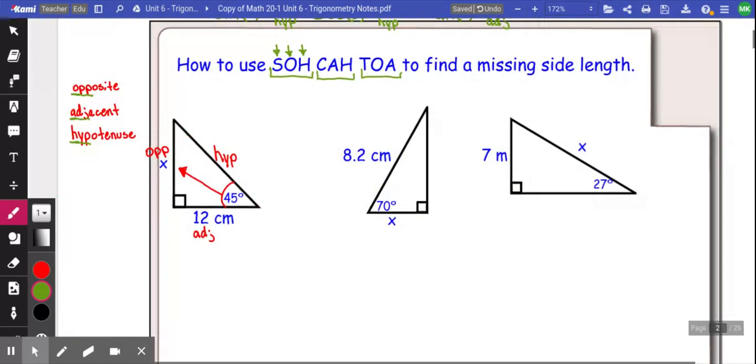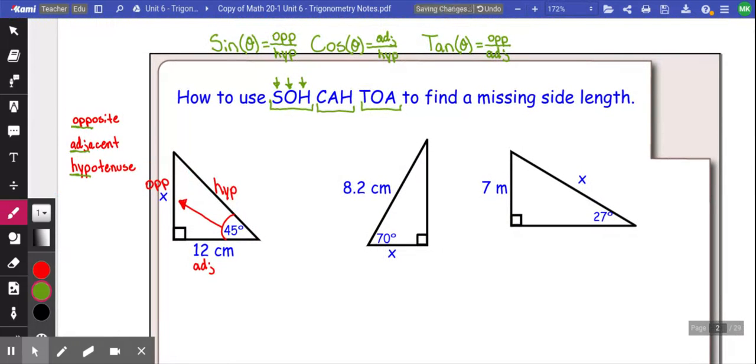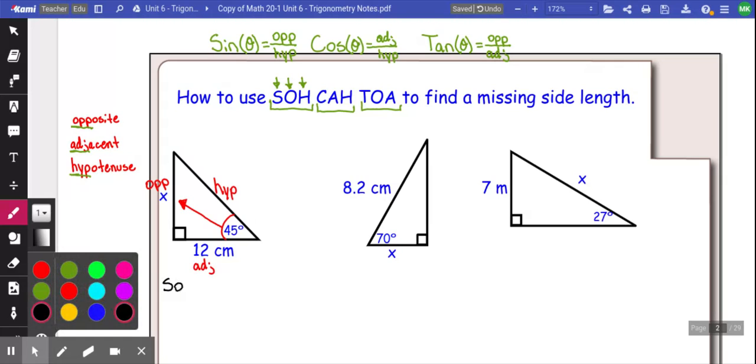Perfect. So once you've labeled your triangle in question, your job is to pick one of those formulas, whether it be sine, cos, or tan. The best way to do that is to write out Sohcahtoa and use Sohcahtoa as a checklist. So what we're going to do is put a check mark underneath S, C, and T. Those are like your free spaces.